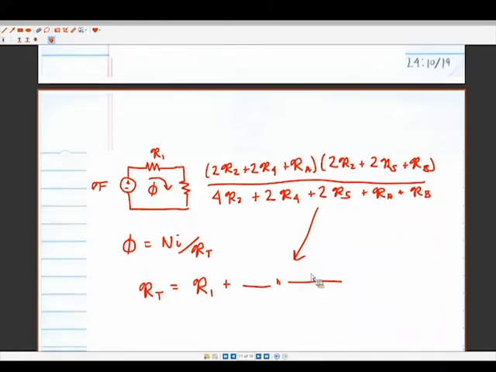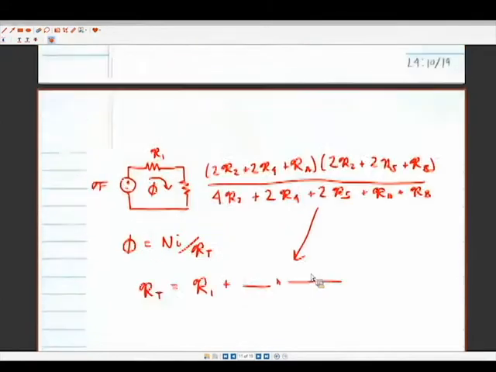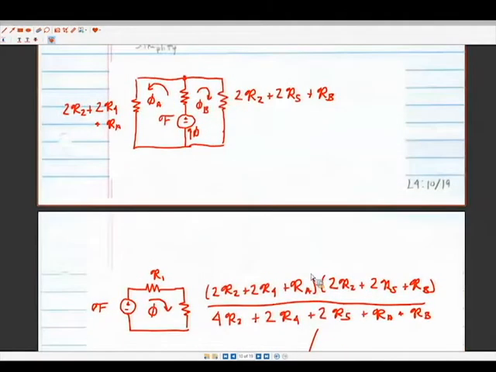So to get phi A and phi B, we're going to recognize that this is a current divider, right? So if you look back just a step above, phi running through the entire circuit, and then it splits into leg A and leg B, or phi A and phi B. Right?